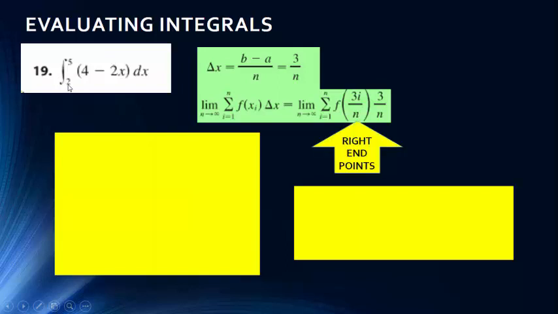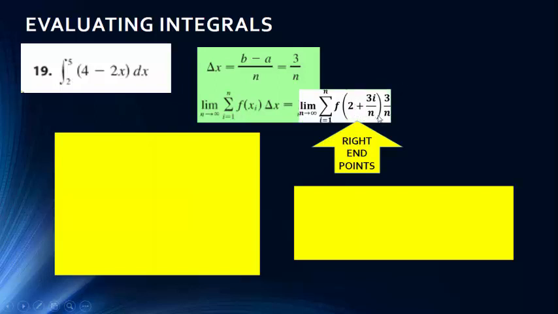So we need to change this x value to be 2 plus 3i over n, because again, we're starting at 2, so we need to go from 0 to 2 plus 3i over n to find our first x value. Okay, did you see that? So again, although x sub i is typically in this formula simply delta x times i, since we're starting at the lower limit of 2, we have to add that in to our x value.